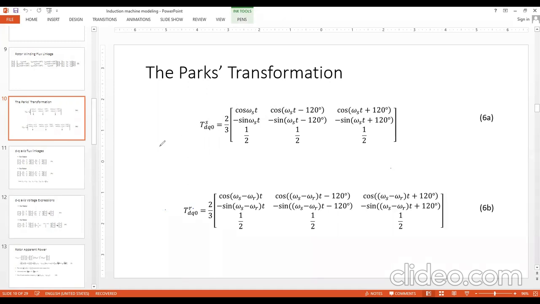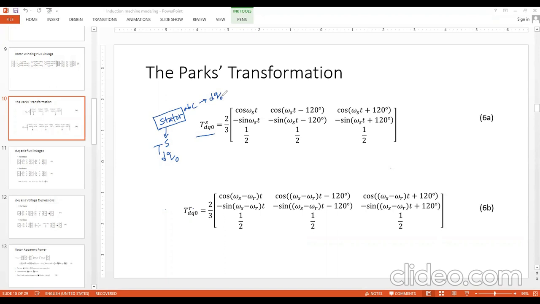T dq0 is nothing but the transformation matrix itself, and the S here means it is used for the stator quantities. So this specific Park's transformation over here is only used for transforming the stator quantities. That means you are transforming from stator ABC to some dq0 frame.